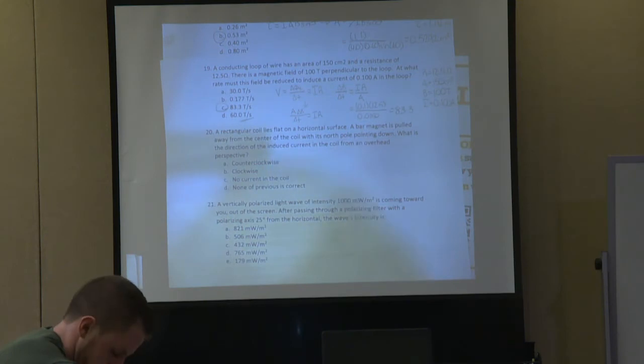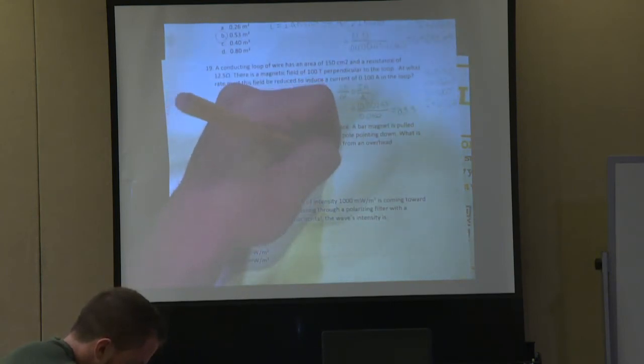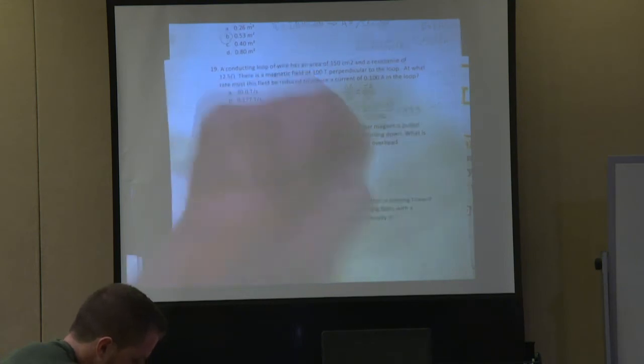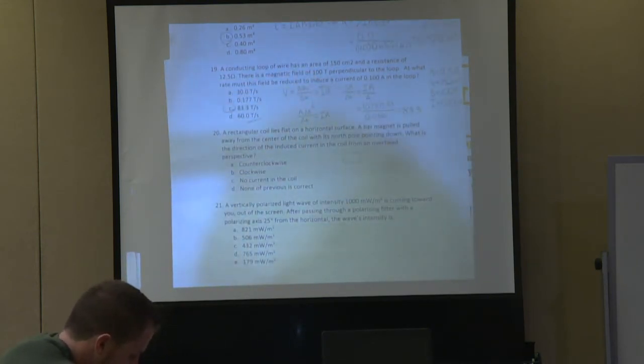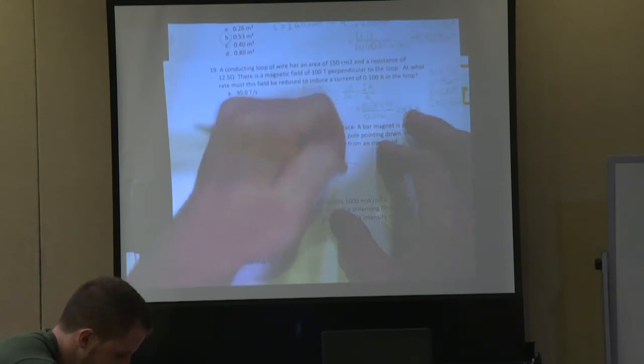Number 20. A rectangular coil lies flat on a horizontal surface. A bar magnet is pulled away from the center of the coil with its north pole pointing down. What is the direction of the induced current in the coil from an overhead perspective? So let me just move this down.